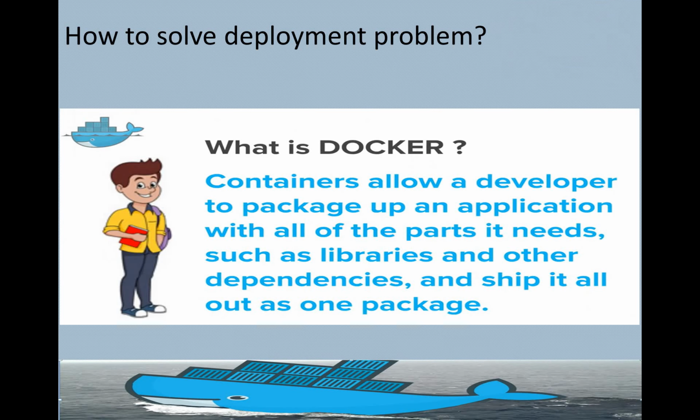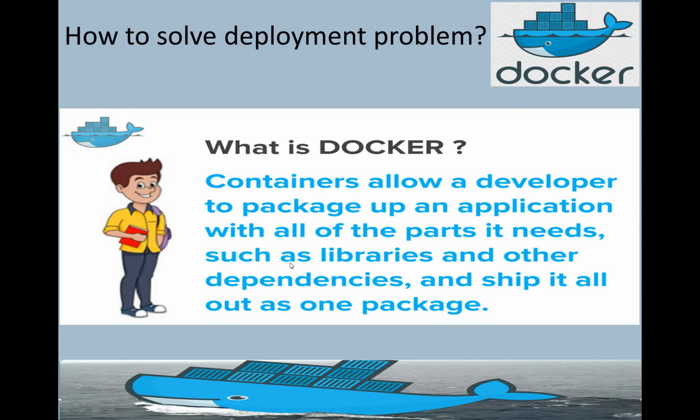Containers allow developers to package up an application with all the parts it needs, such as libraries and other dependencies, and ship it all out as one package. That is the beauty of Docker and containers.